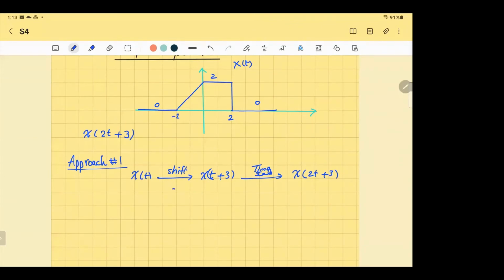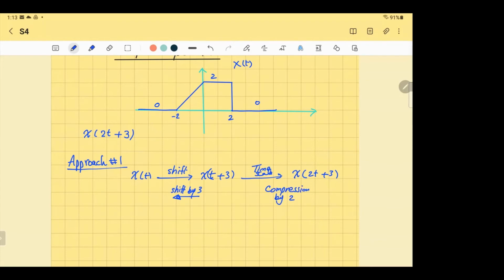So say that shift by 3 and make this arrow, meaning to the left. Then after that, time scaling is 2t. So what's 2t, compression or expansion? Compression. So let's say compression by 2.